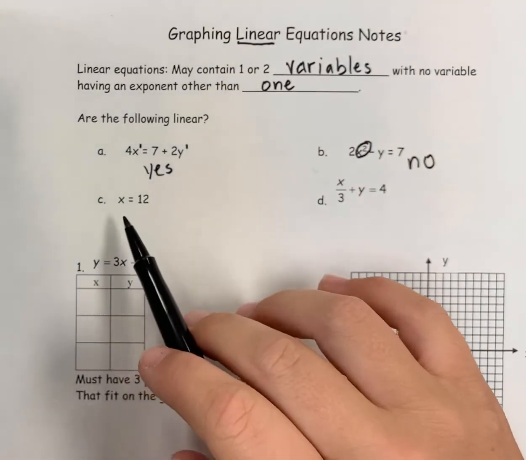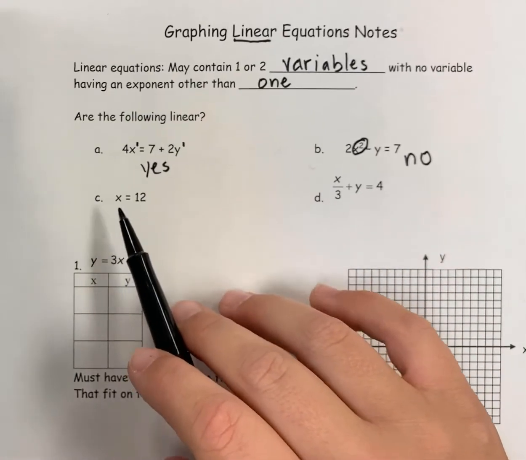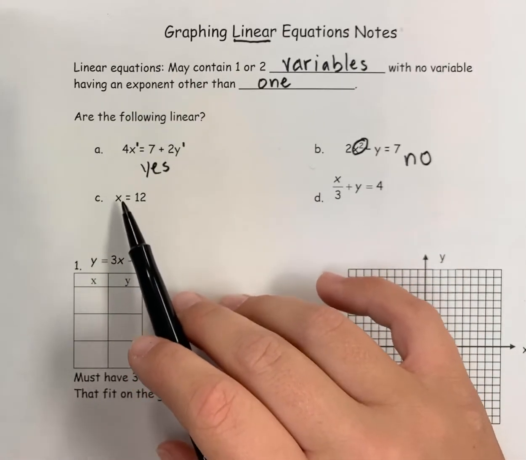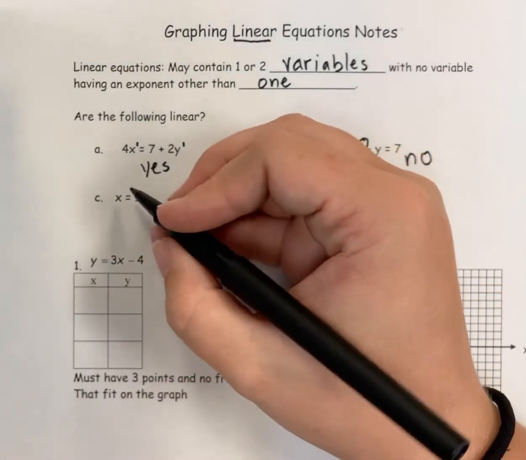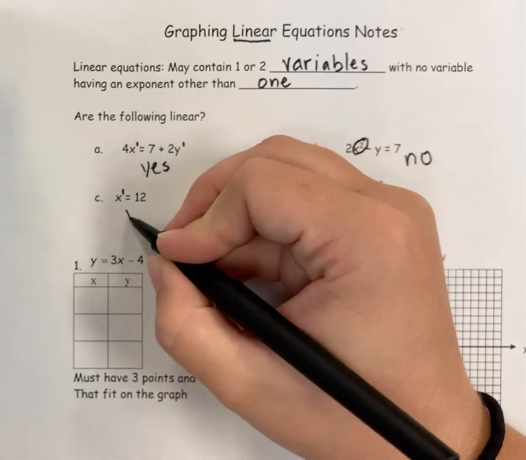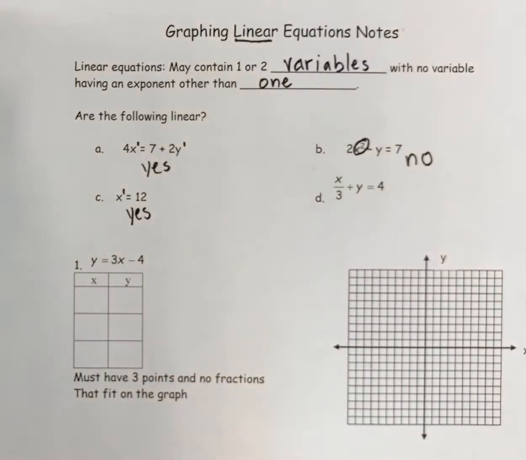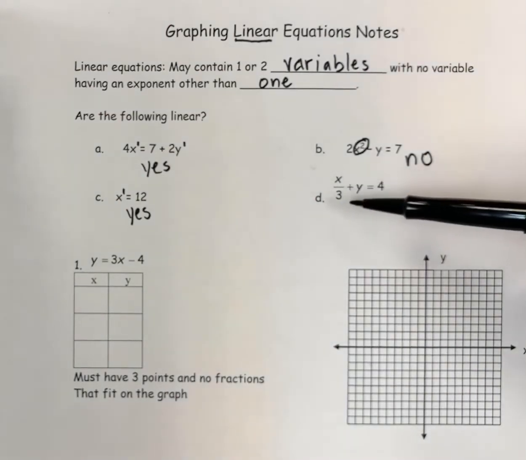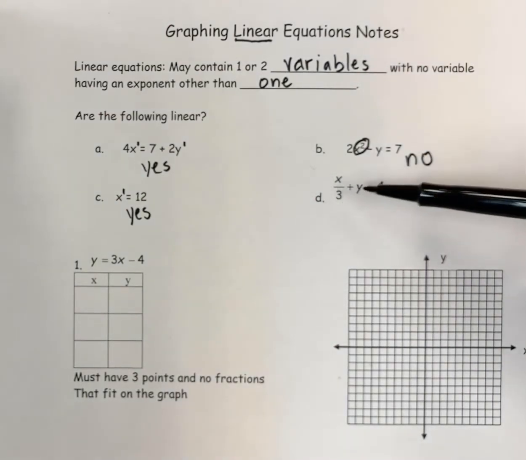Here we have x equals 12. We just have x, and again, there's nothing there, which means it has an exponent of 1, so yes, that one is linear. And then last but not least, we have x over 3 plus y equals 4.